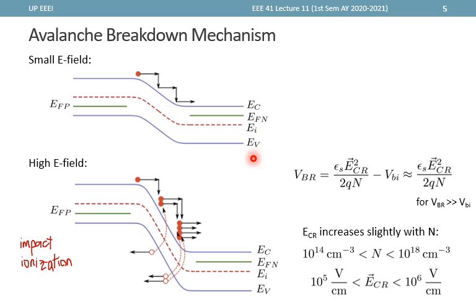To reach the same amount of kinetic energy for impact ionization to happen, we'll need a slightly larger critical electric field. Okay, and this is actually the correspondence between the two.